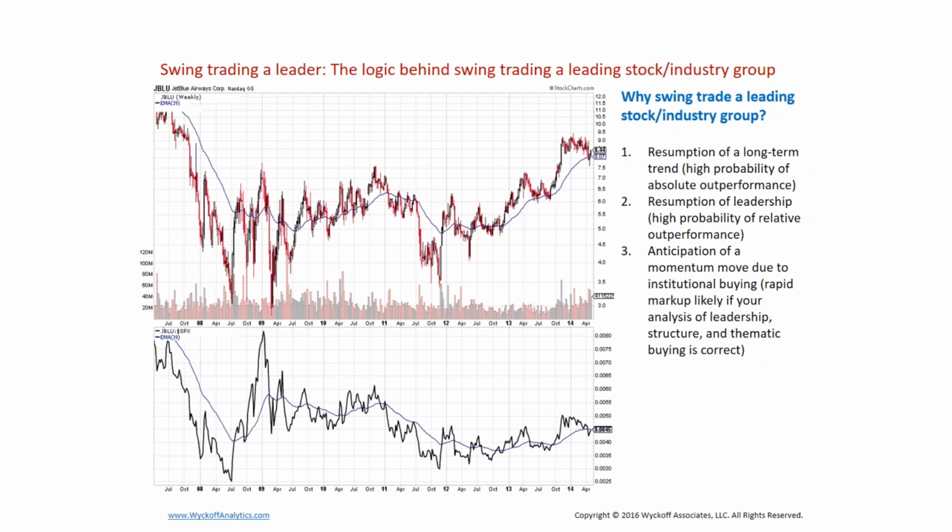One of the ideas here is that leadership is never a single leadership. It's not a single stock that could produce that leadership. It's usually a leadership that reflects a much bigger thematic idea. So what do I mean by that? When institutions are initiating a position, they are not initiating it in a specific singular stock.